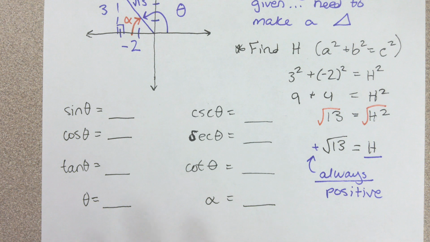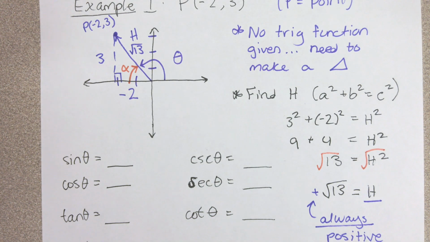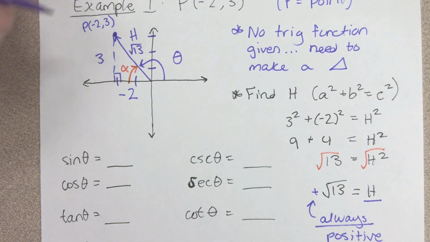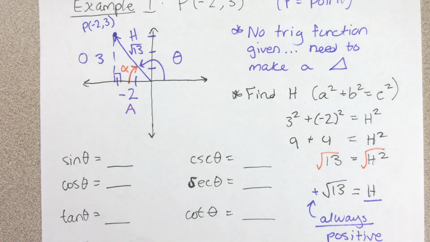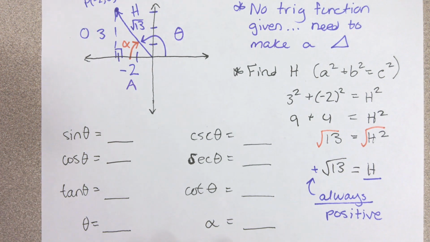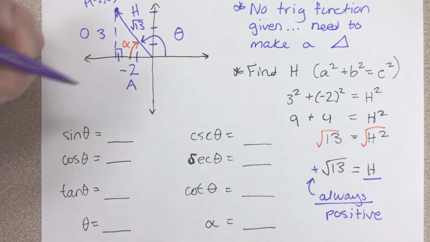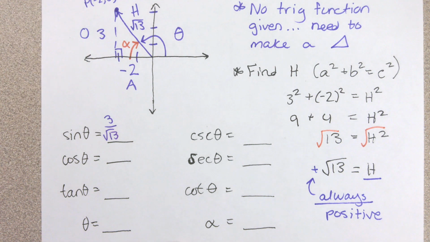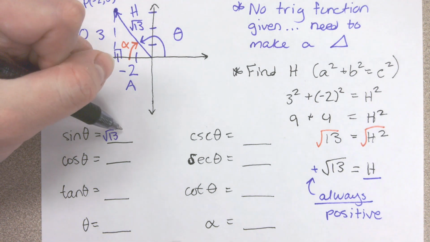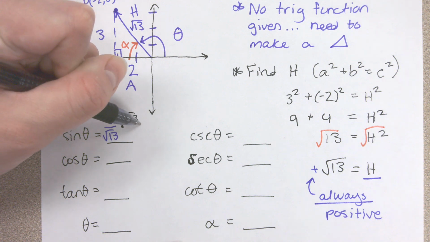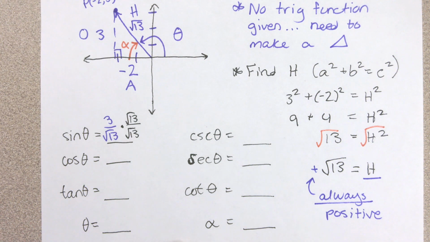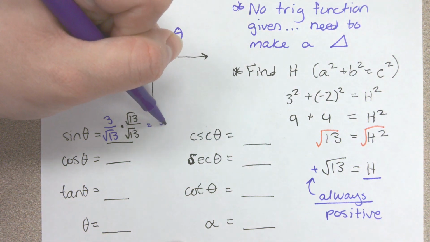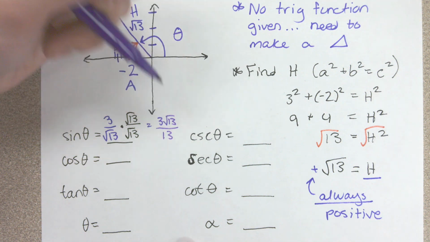Let's start with sine, O over H, and let me label real quick. O is the vertical and A is the horizontal. O over H, that's 3 over square root 13. Can't have a radical on the bottom, so let's get rid of it. Times square root 13 over itself. 3 square root 13 over just 13.